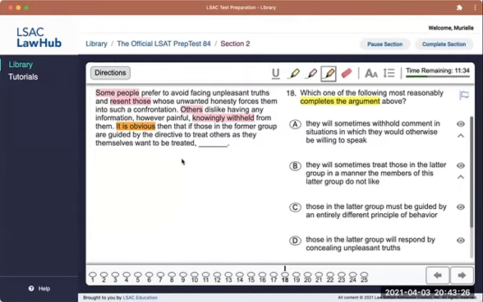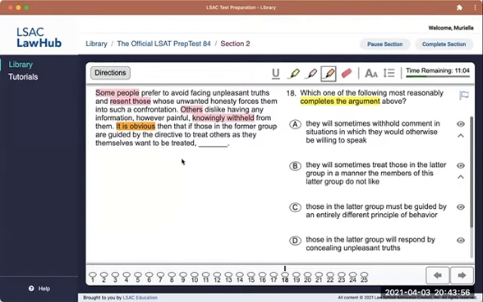So, okay, answer choice A. A doesn't talk about the latter group at all, right? It just says that the people in the former group are going to sometimes withhold comment in situations in which they would otherwise be willing to speak. The idea of not speaking versus being willing to speak, yes, they will sometimes withhold information, right?